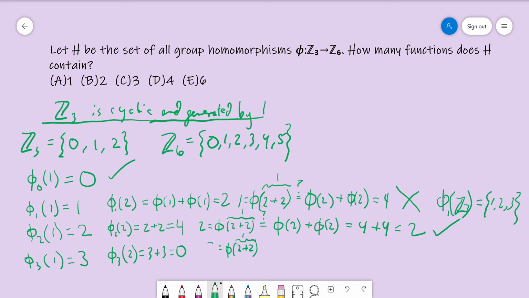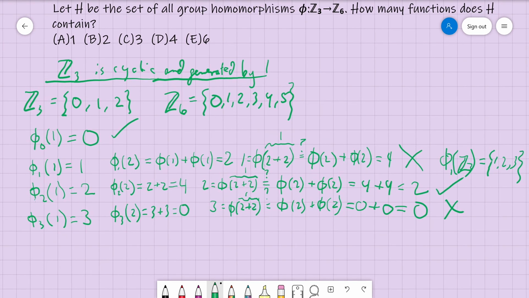So that's supposed to equal 3 in Z6. But it's also supposed to equal, and here's the question mark, phi of 2 plus phi of 2. Well, phi of 2 is 0, so we get 0 plus 0, which is 0. So this does not work, because 0 is not equal to 3.